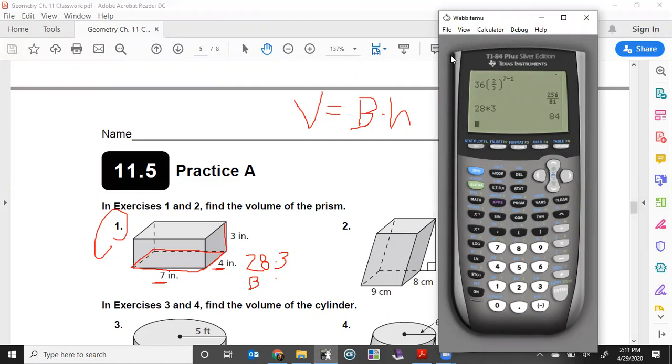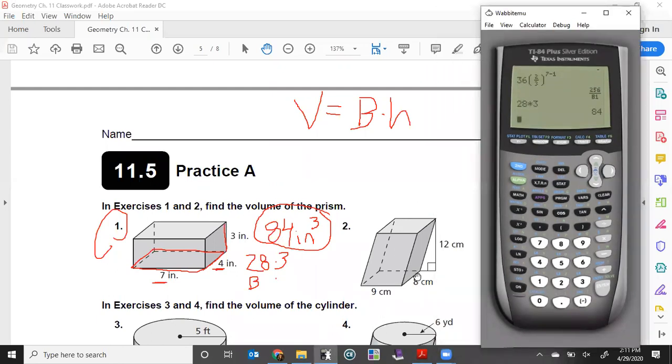So my answer to number 1 is 84. And it's volume, so that's 3 dimensions. So it's going to be inches cubed. 84 cubic inches.